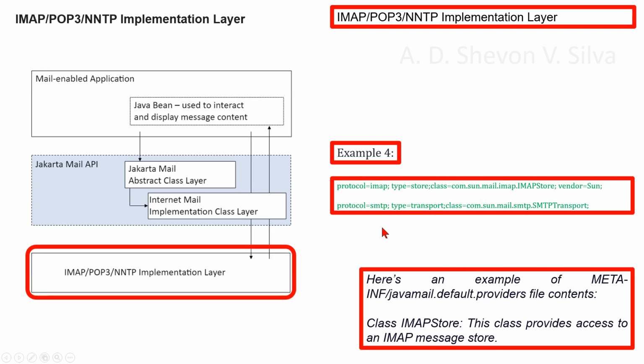Here the protocol attribute names are assigned to protocol, for example SMTP. Type, valid entries are store and transport. Class name that implements this protocol. Vendor, optional string identifying the vendor. Version, optional string identifying the version.